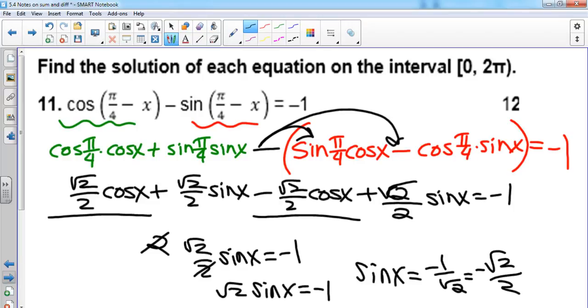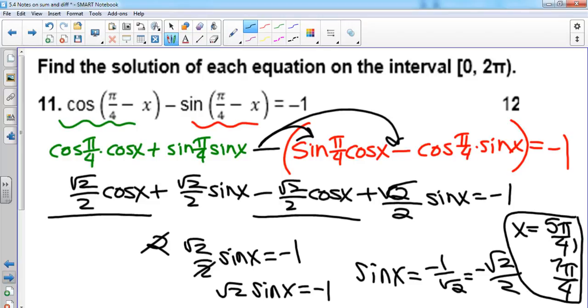Where is that on the unit circle? The sine is negative square root of 2 over 2. 5 pi over 4. And 7 pi over 4. Again, this is not a verify, so if you found a way to skip some steps, that's fine.